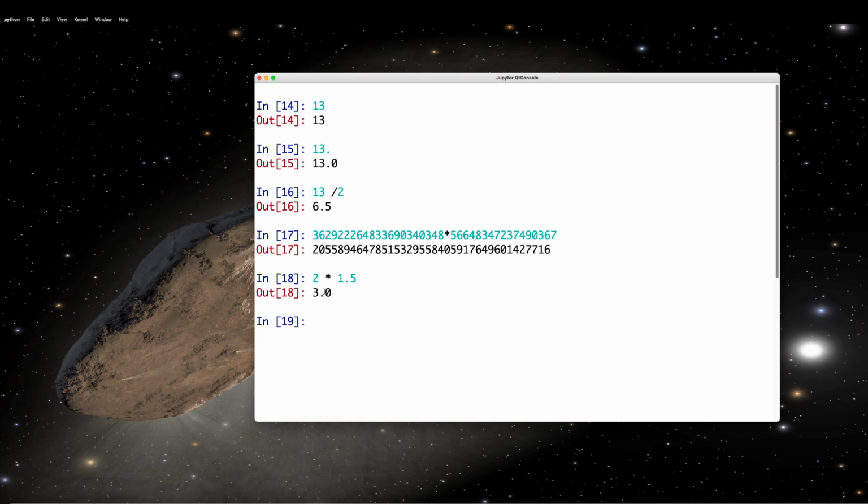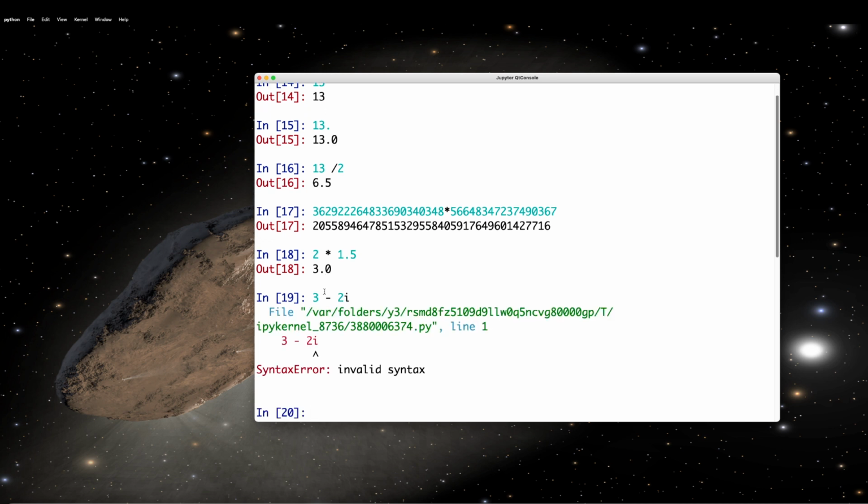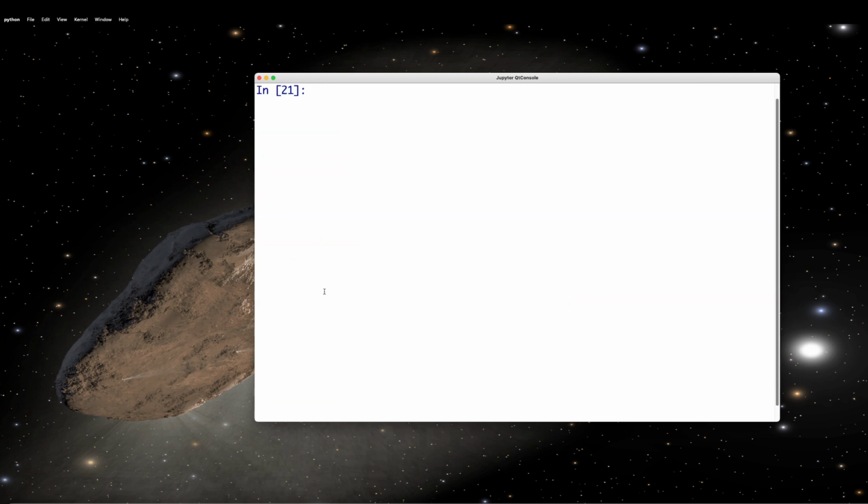The imaginary part is normally written with J, or in some cases I. So if I write 3 minus 2I, sorry, let me use J, just clear screen to remove the error.